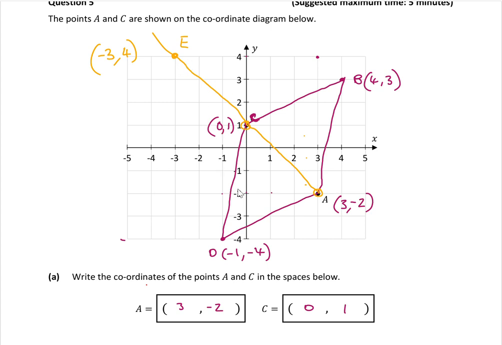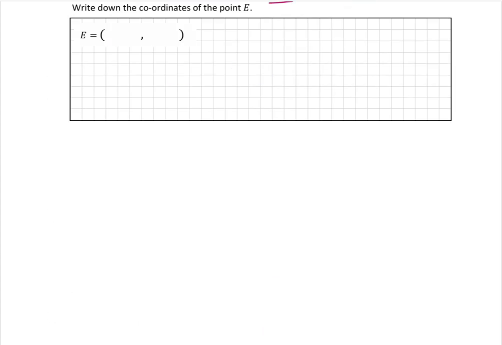So how do I know that's correct? Well, if I take this and this, so minus 3, 4, and 3, minus 2. So minus 3 and 4. That's what I think is correct. And the other one is 3 and minus 2.